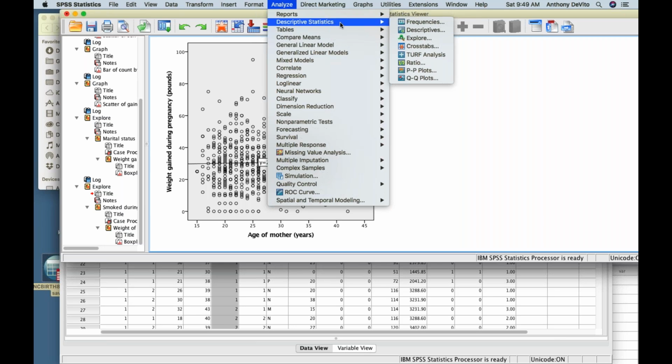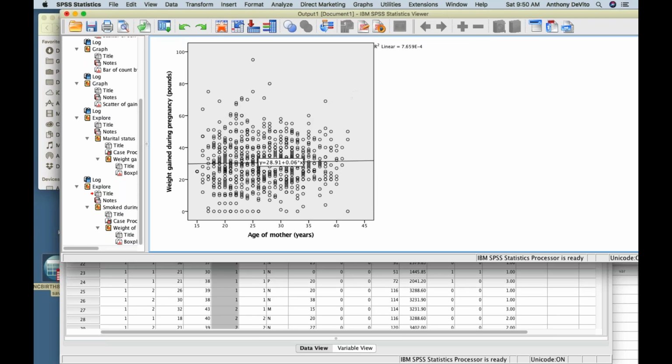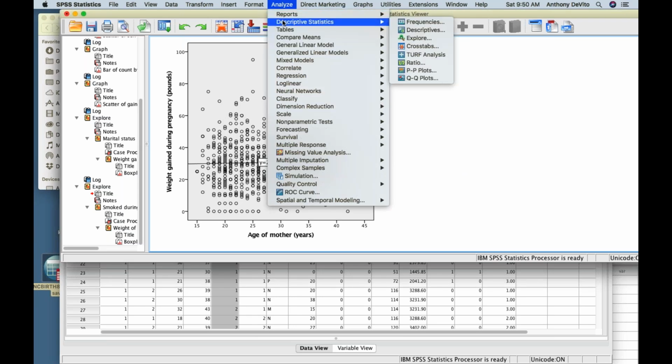So for instance, if it's a numerical variable, you may be interested in making sure that you are able to, let me go into Explore because it'll allow me to do some graphics as well.